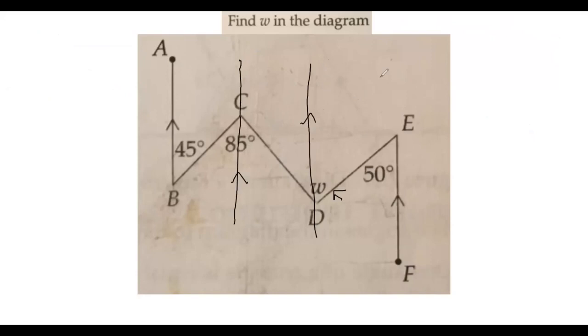This is very useful because with parallel lines, we get a lot of angles that are equal that we wouldn't have otherwise. I'm pretty sure I went over this last time, but these alternate interior angles right here are equal.